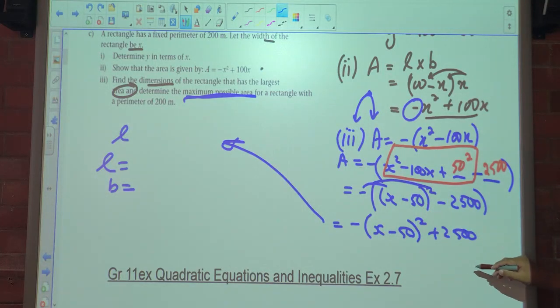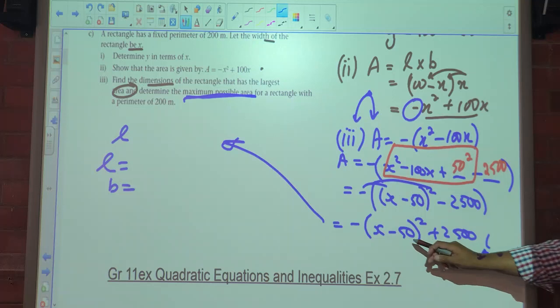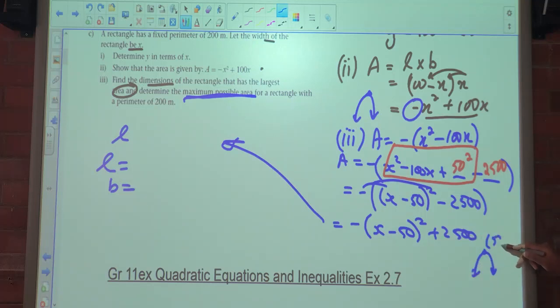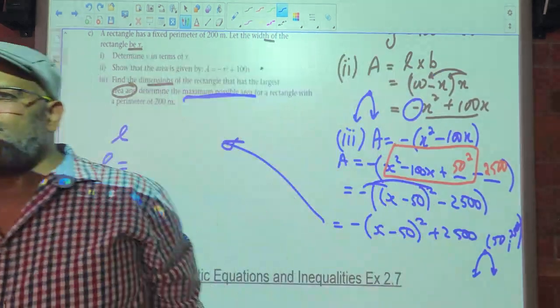If we drew this graph here, what would the coordinates of that point be? It would be 50 and 2,500. Not so? So this would have a maximum value of 2,500, and occurs at an x value of 50. So what does x represent in this case?